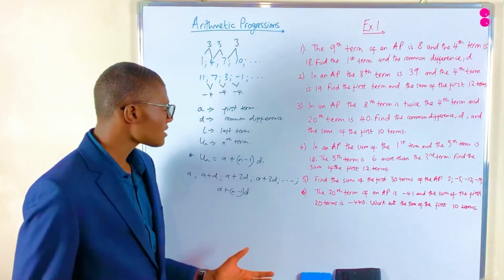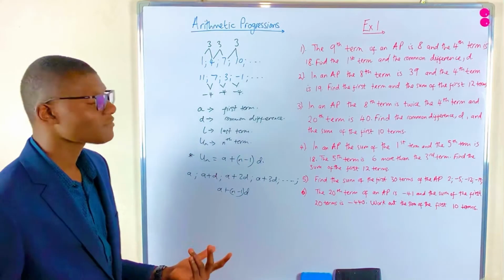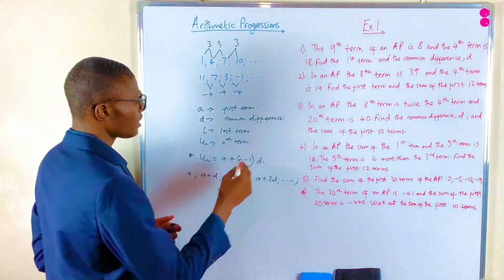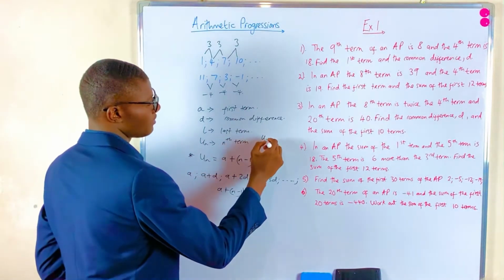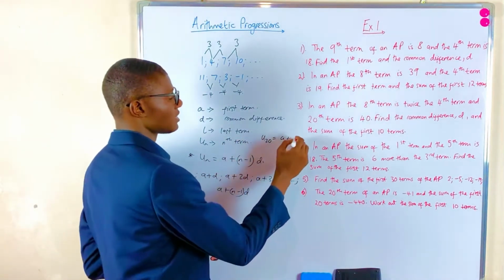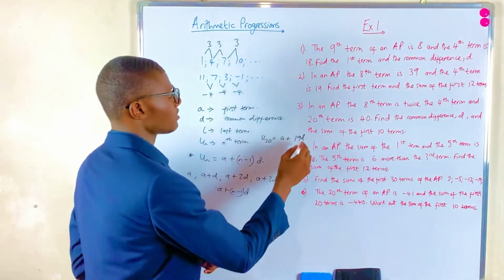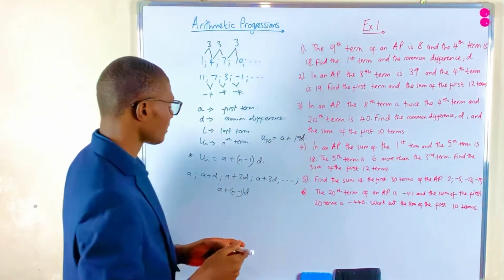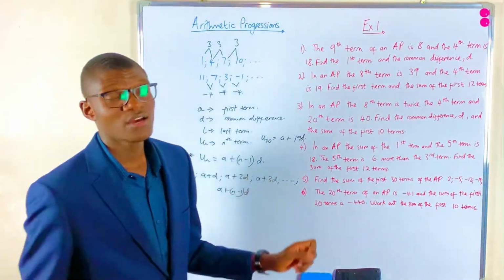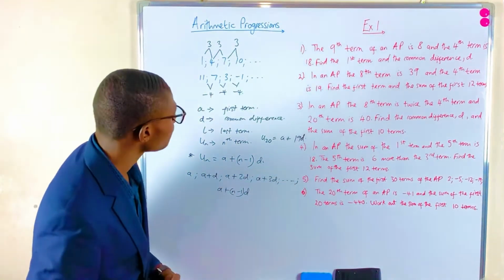Like I said, this formula helps us find any term. If we need the 20th term, which is u 20, this would be a plus 20 minus 1, which is 19, so a plus 19d. This is the general formula we use for the nth term of an arithmetic progression.